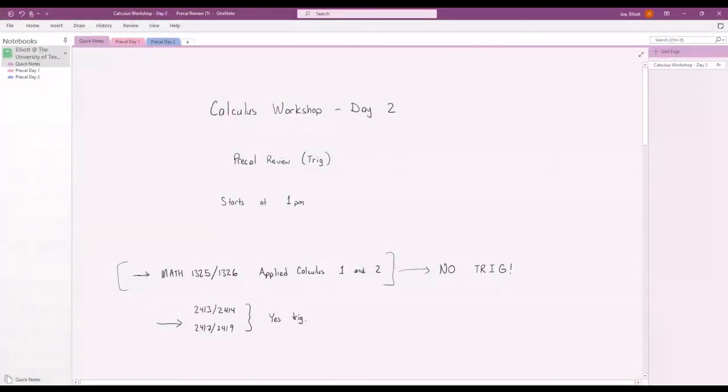So there's no trig whatsoever in the applied calculus sequence. The other calculus sequences do involve trig. Everything that I'm talking about today is not going to be important for applied calculus, okay? Although some of the stuff that we talk about later in the week, tomorrow, Thursday, Friday, is going to become relevant again for the applied calculus sequence.